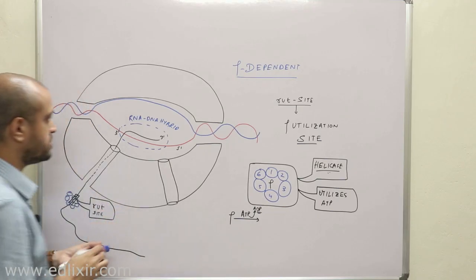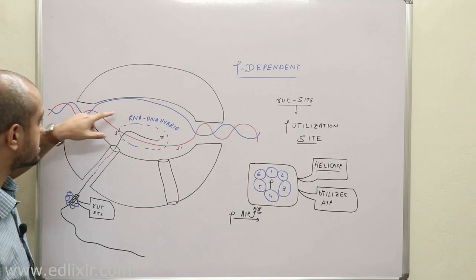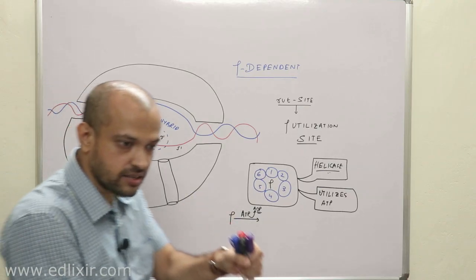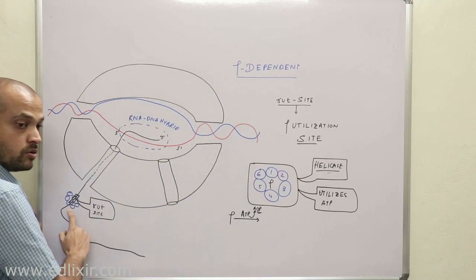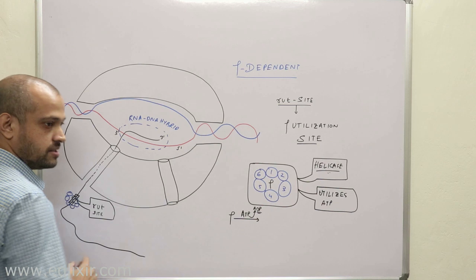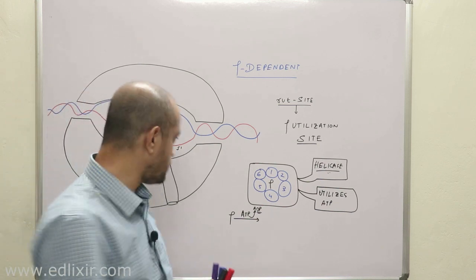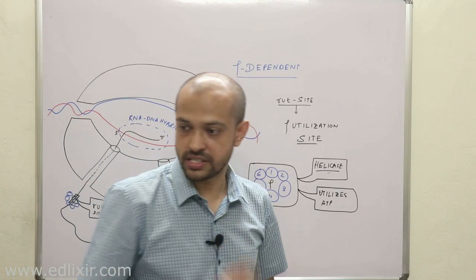A very important point here is that this RNA-DNA hybrid gets dismantled or disrupted when Rho helicase arrives here, and therefore the RNA comes out of the RNA exit channel, and termination of transcription takes place.